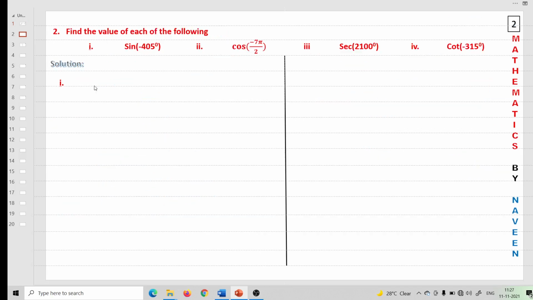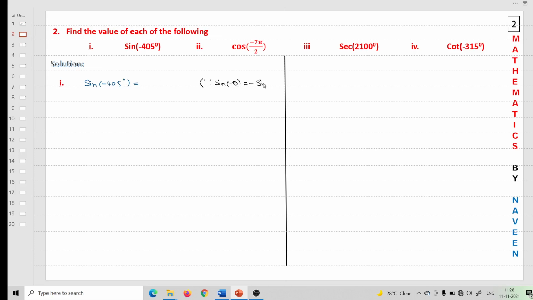Clear? Next problem. Find the value of each of the following. Sine of minus 405 degrees, cos of minus 7 pi by 2, secant of 2100 and cot of minus 315. First problem, sine of minus 405, which means, see here, sine of minus angle, right? We know the formula. Sine of minus theta is what?